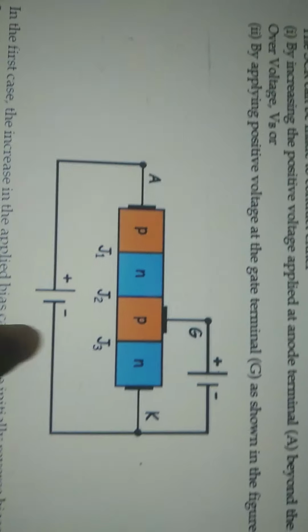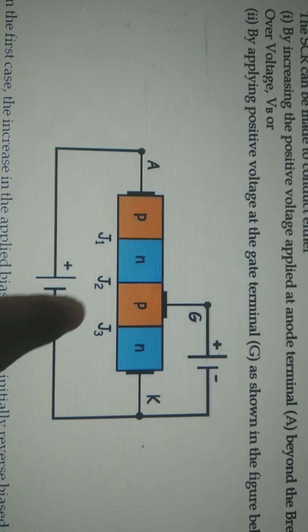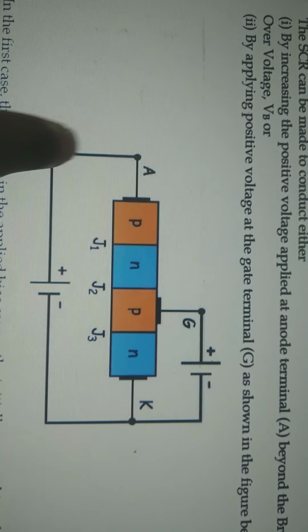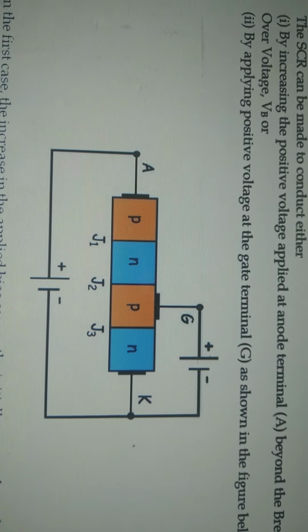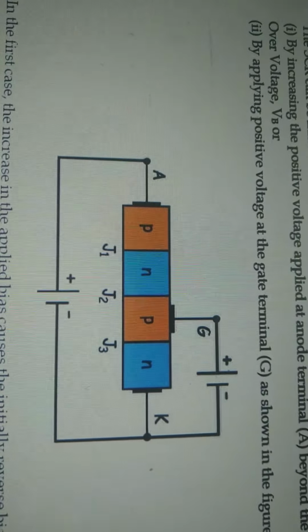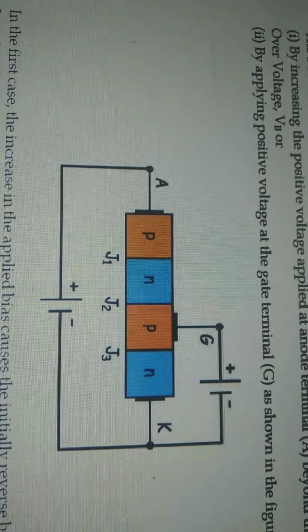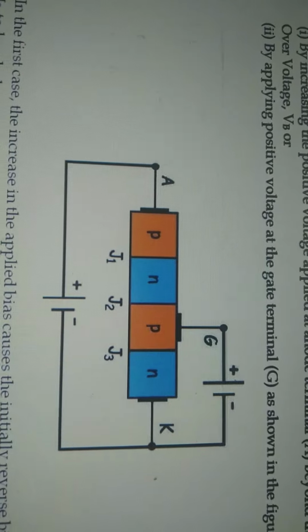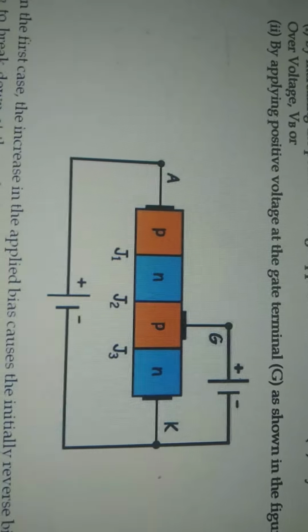This is a variable. When we use the variable DC supply here, we can increase the DC supply across the anode and cathode. Thereby the J2 junction breaks down and allows the current to flow. This is one of the methods to make the SCR go into conduction state from its blocking mode of operation.